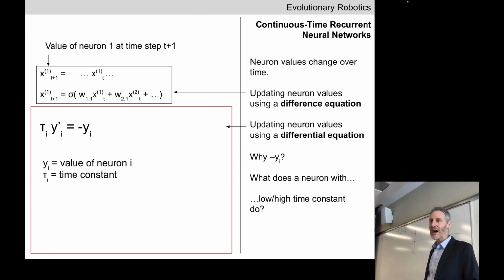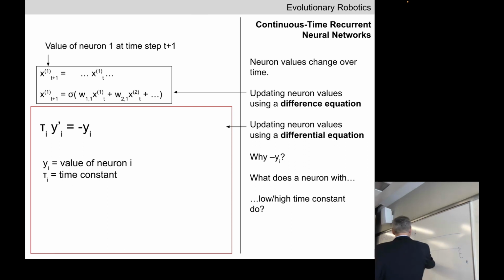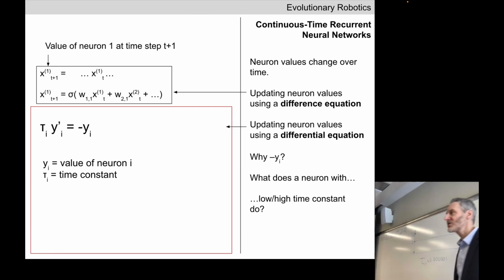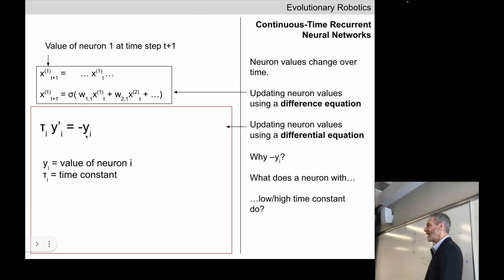And we're going to set the tau sub i value to something very, very small, something very close to 0. How does the value of this neuron change over time? We know from this term that it's going to decay down towards 0 but never reach it. But it's going to do it differently now based on this parameter.